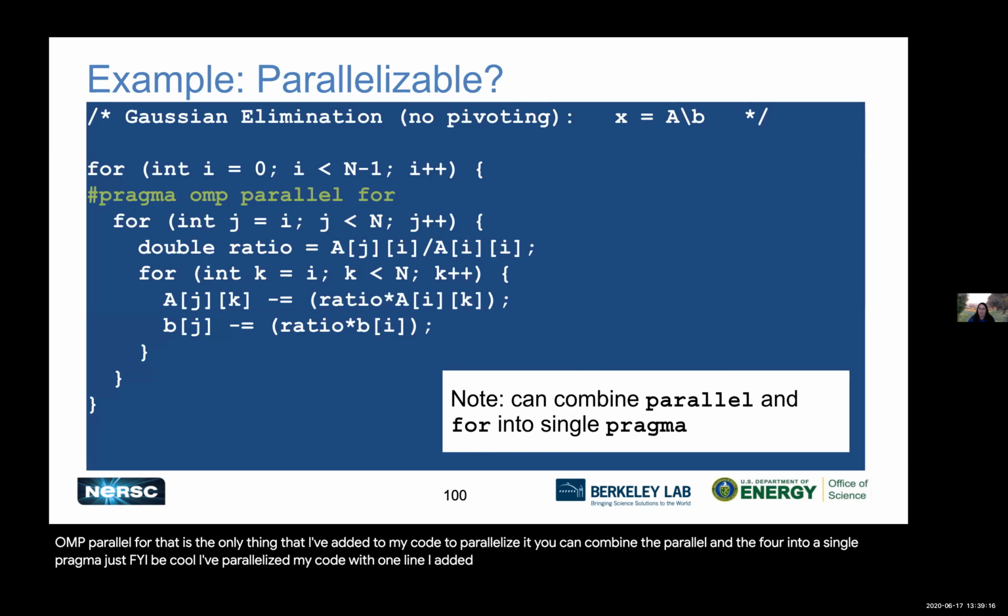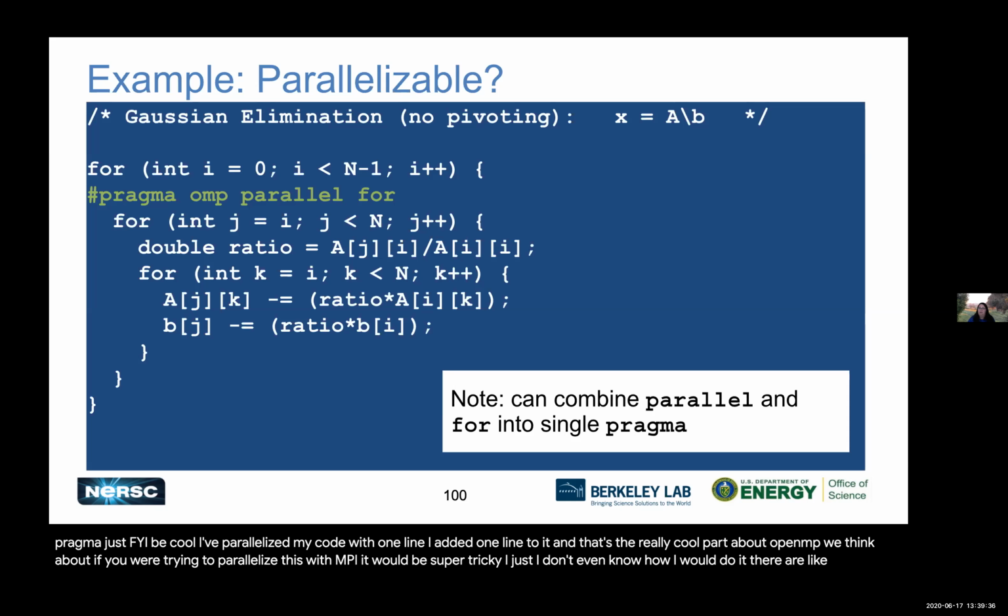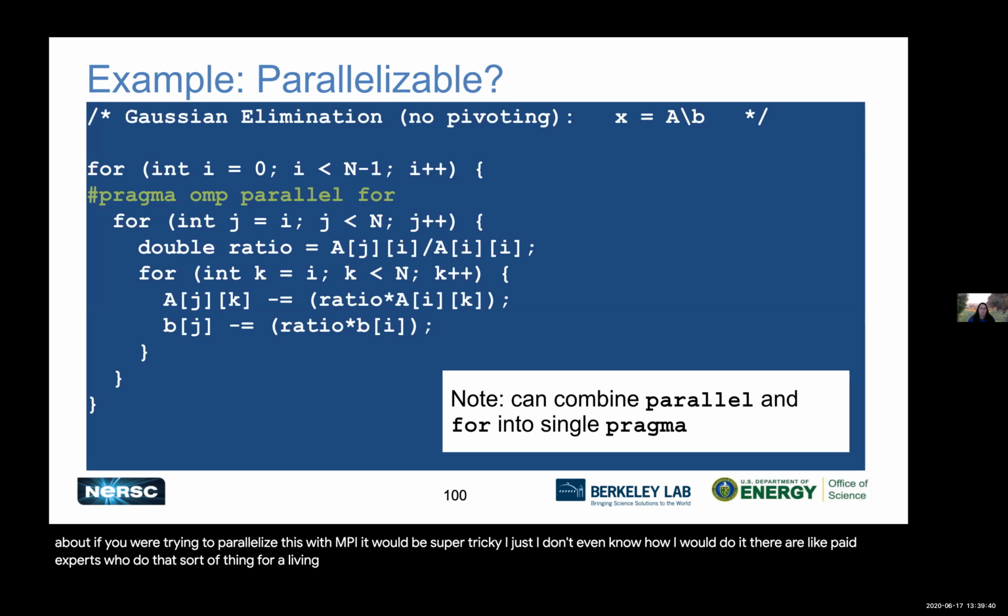I added one line to it. And that's the really cool part about OpenMP. I mean, think about if you were trying to parallelize this with MPI. It would be super tricky. I don't even know how I would do it. There are paid experts who do that sort of thing for a living. But here we can just, boom, put it in there. We just added one line and suddenly we're parallel.